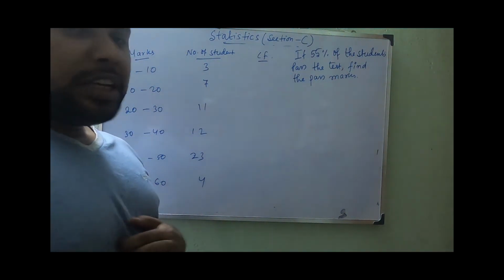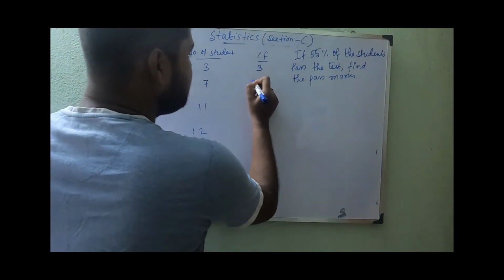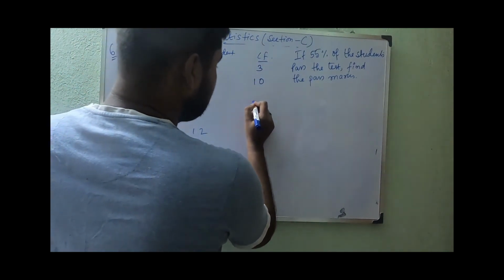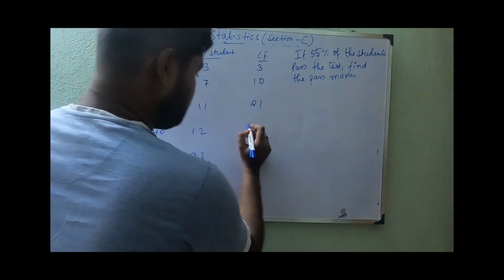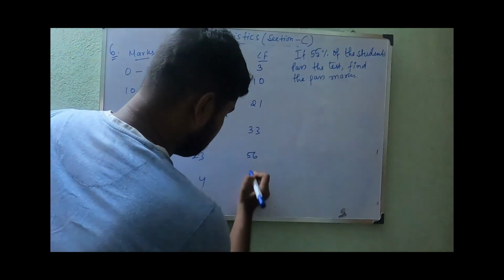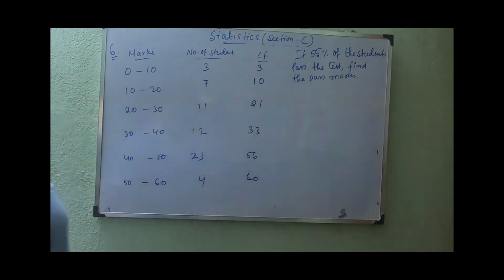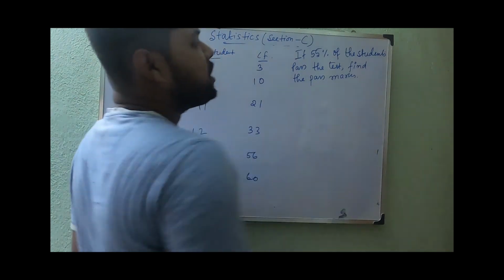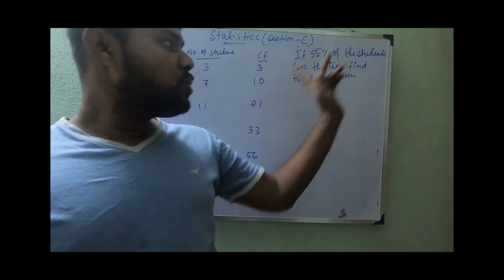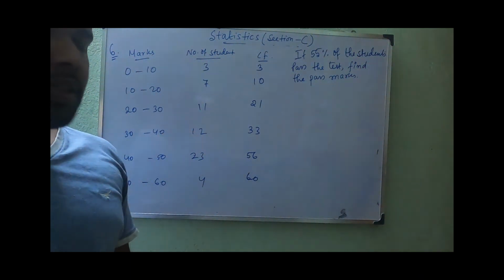Now, how to deal with this? Before that, let me first write the cumulative frequency. That is 3, 10, 21, 33, 56, 60. So let me keep it handy. Now, the question is asking, if 55% of the students pass the test, then find the pass marks.